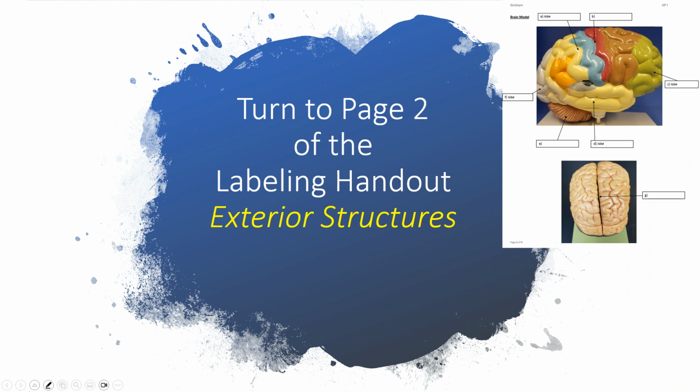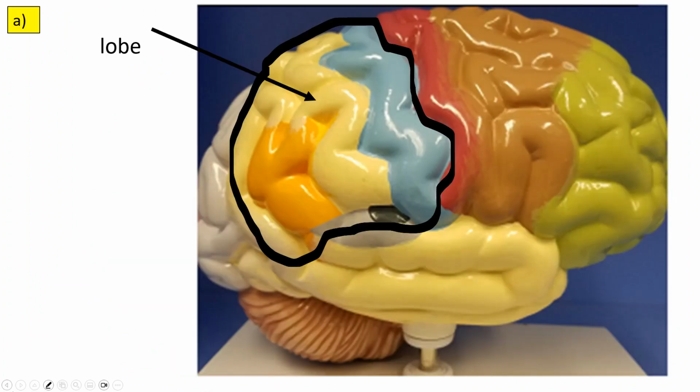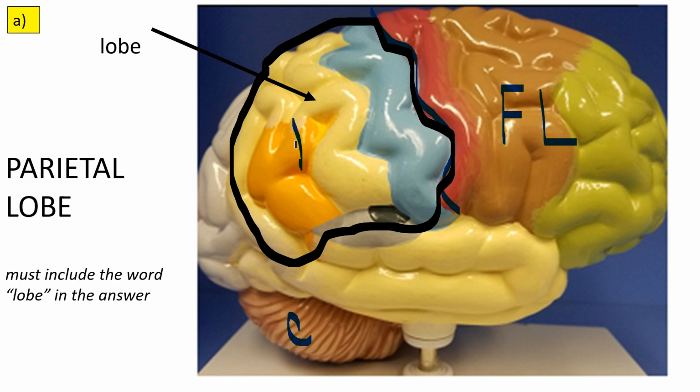Let's take a look at the exterior structures of the brain. So again, you need to know front from back. You've got your cerebellum right here, so this lets you know this is the back of the brain. Now, there is a line right here that's going to separate the frontal lobe from the parietal lobe. It's called the central sulcus. So all of this that I've got outlined in black, that's all parietal lobe.